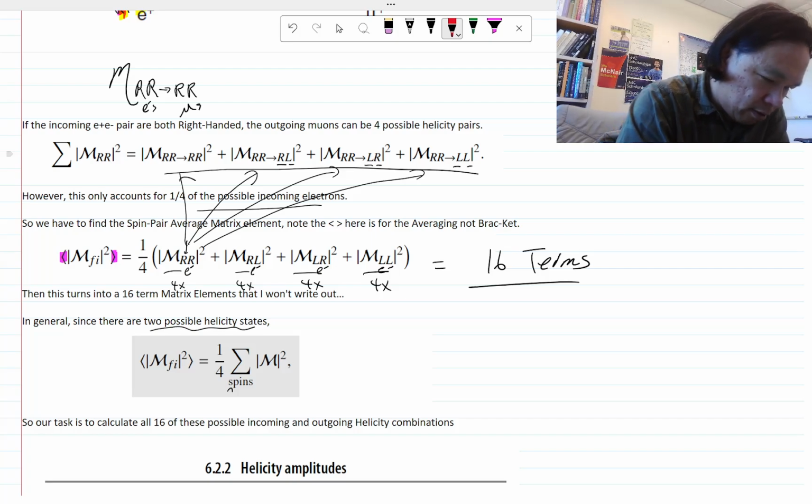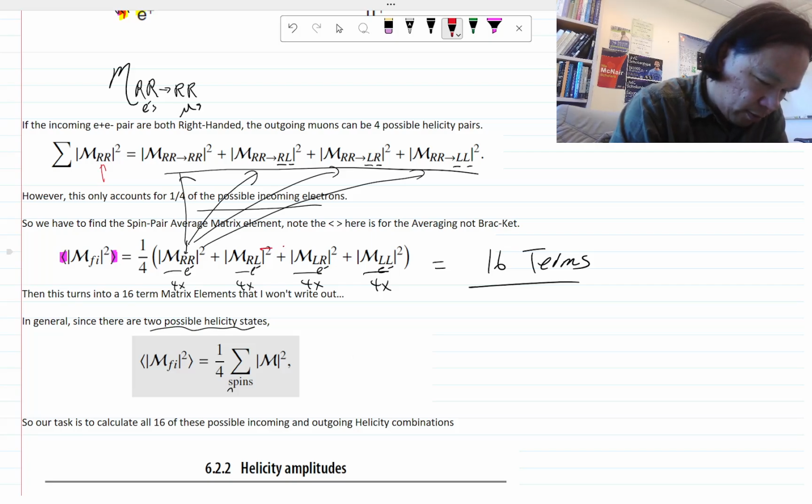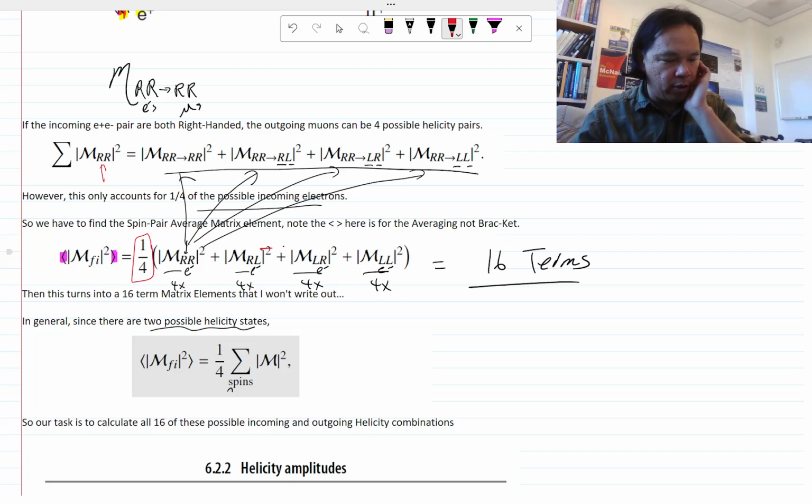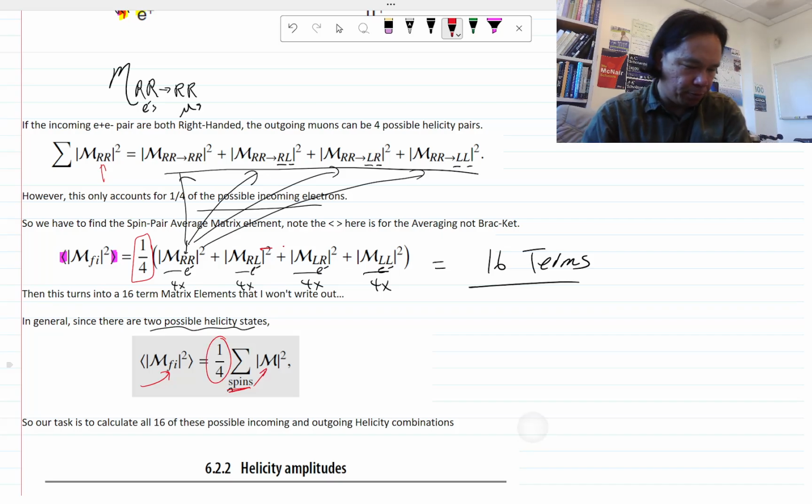By averaging over all the 4 possible incoming helicity states for the electrons, we take each of them and divide by 4, so we're just averaging over those 4 different possible ones. So in general, you want to take the average matrix element squared, summing over all the different spins and then dividing by 4.